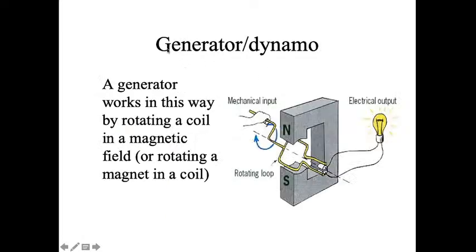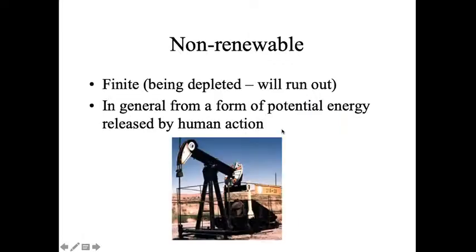Pretty much the rest of today's lesson will be talking about how we actually rotate these coils to produce that electricity. Right? We need to have some mechanical input. And the most popular out there right now, hopefully that will change shortly, is non-renewable energy sources. So these we know are finite, they will run out.